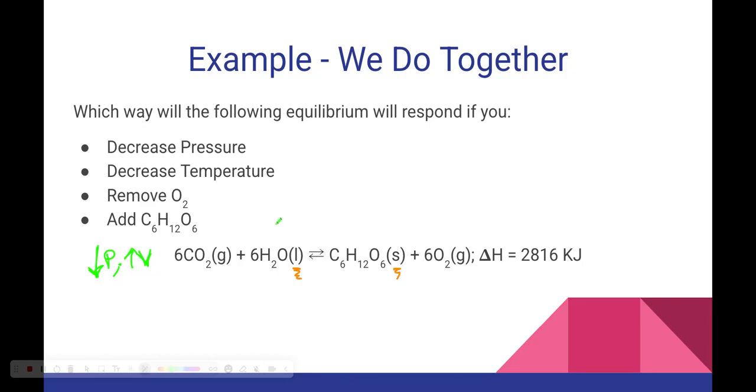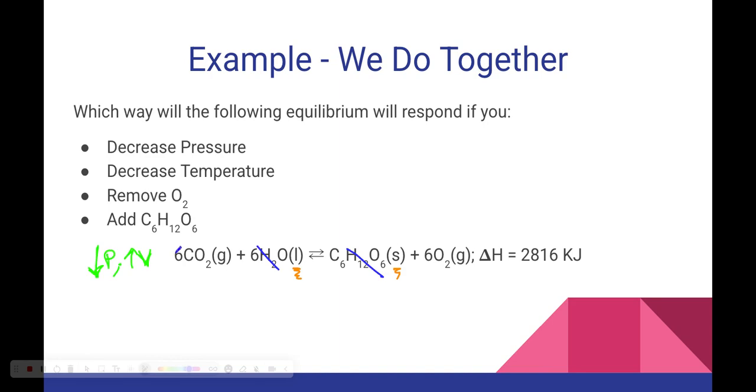Well, when we're analyzing this equilibrium, we know that water and the glucose have no effect on this equilibrium, right? They're not going to shift it in either direction. Only gases or aqueous solutions can do that.